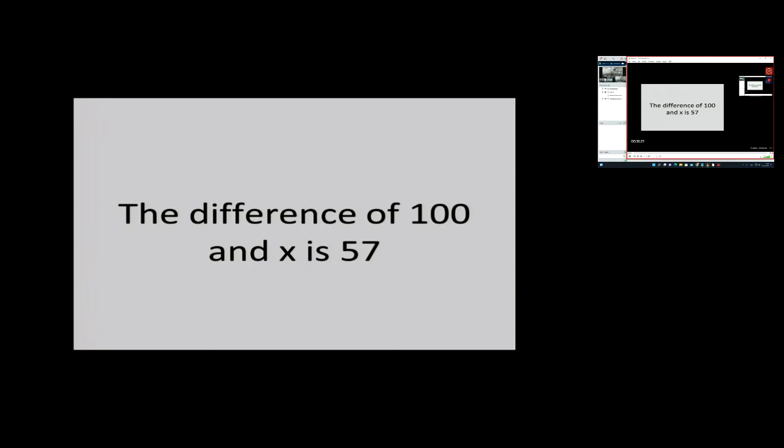Difference. What is difference? Minus. The difference of 100 and x is 57. Okay, that is correct.